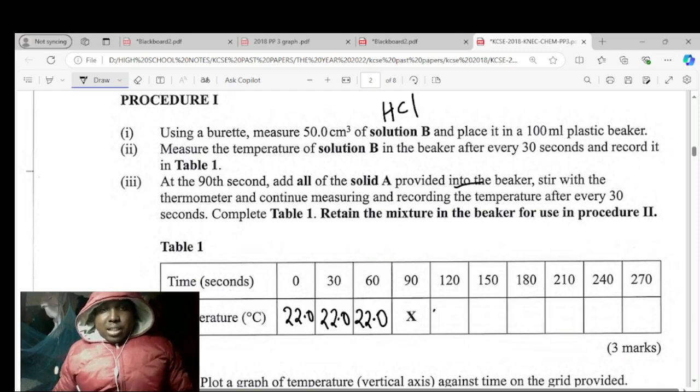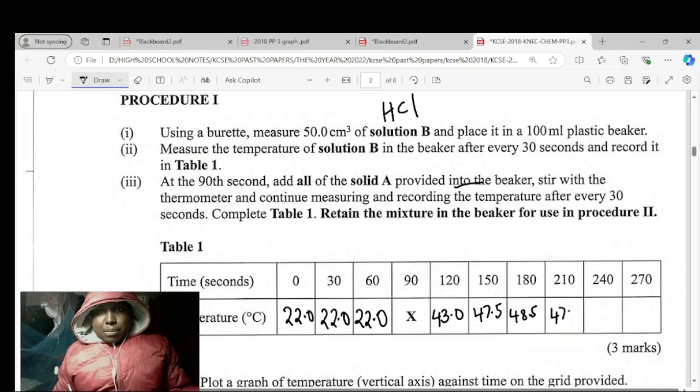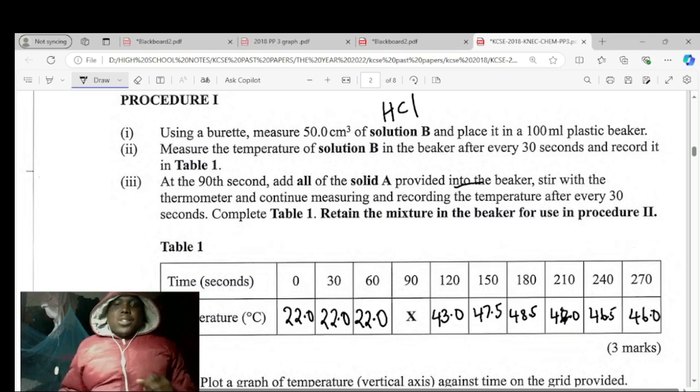It can end up at 43.0, it can end up at 47.5, it can end up at 48.5, and then it starts to fall: 47.5, 46, 47.0, 46.7, 46.5, and then 46.0. Record temperature using 1 decimal place.